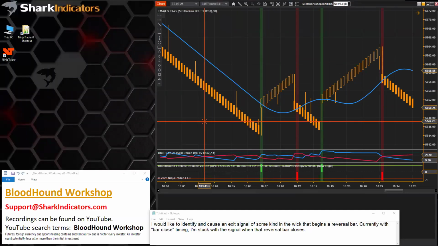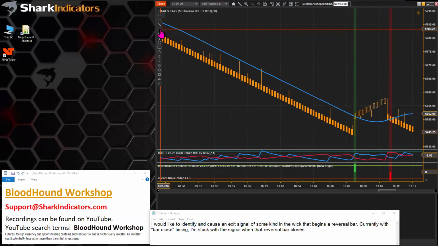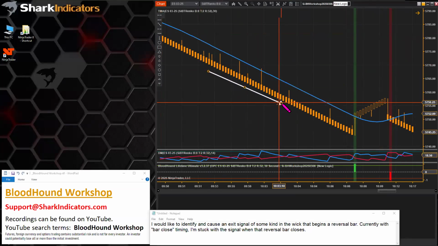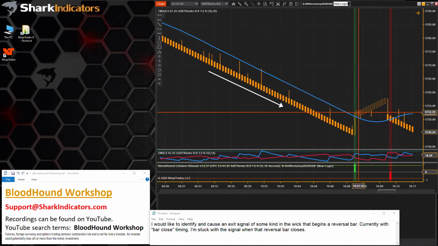Again, one key thing to remember about exit signals is if you're in a short trade, you want an exit signal in the opposite direction of the trade.